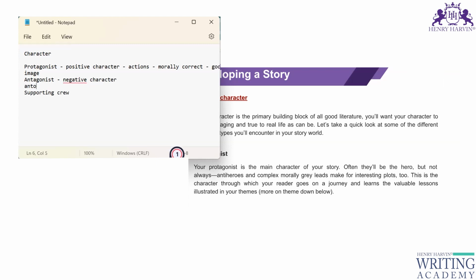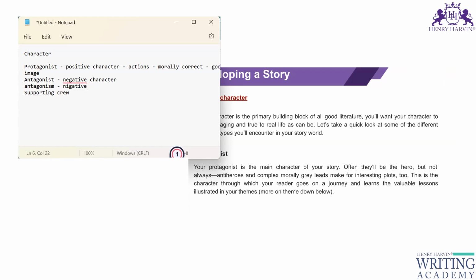And now when we talk about the antagonist, there is something called antagonism also. Not every time can we have a negative character or a human. Sometimes in a story, you can give negative situations.